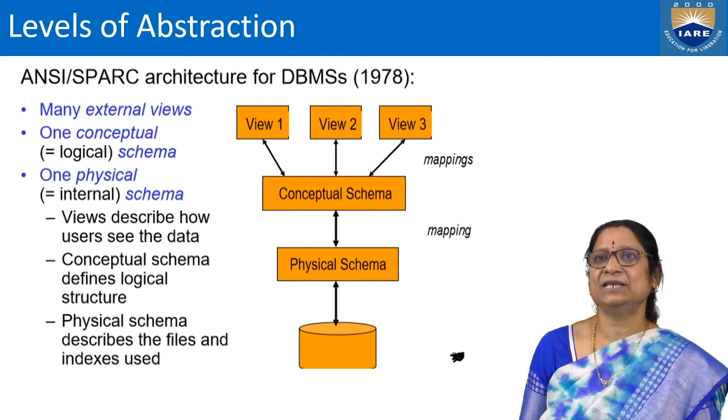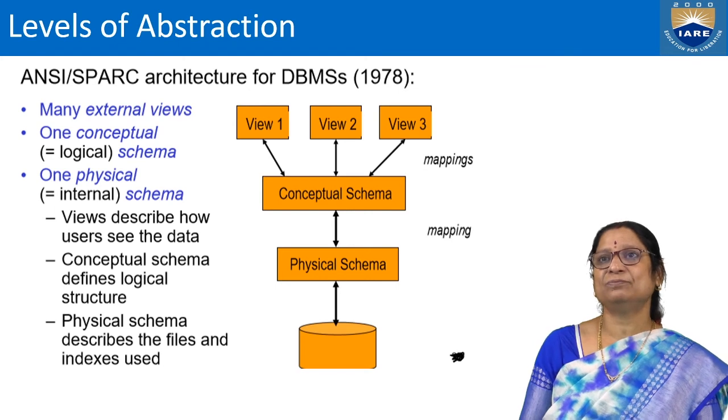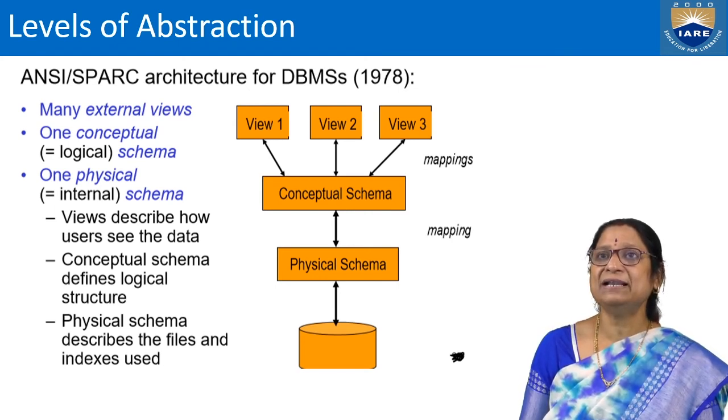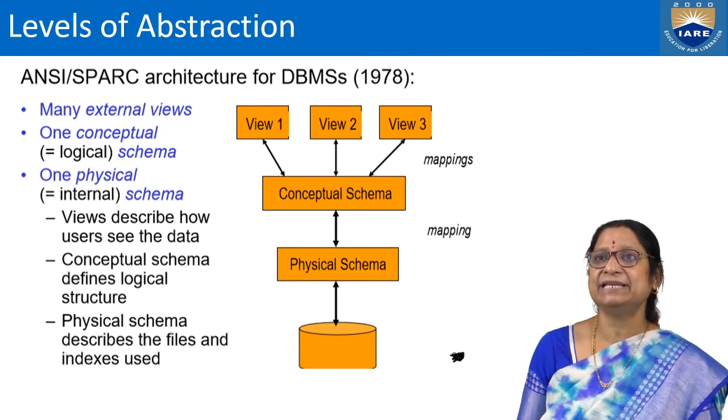Now you observe in any database, at the physical level only one physical schema will be there. At the logical level only one logical schema will be there. But coming to the external level, many users will use this database for their applications. So multiple views will be there. Views are multiple, while the conceptual and physical schemas are single for any database system actually.